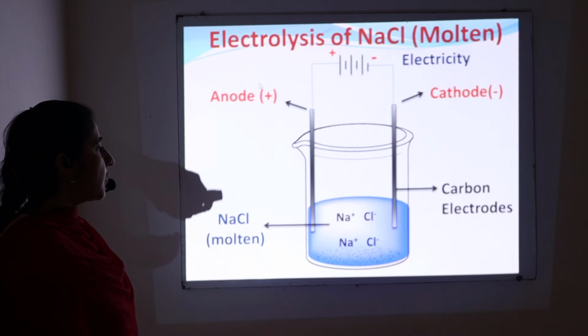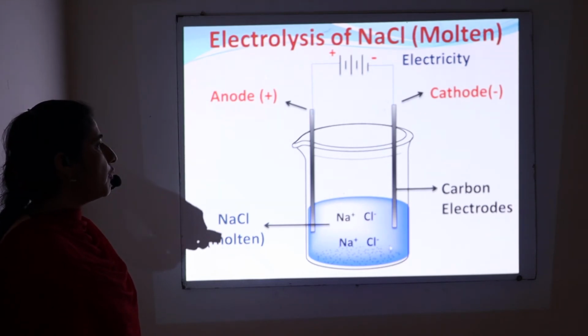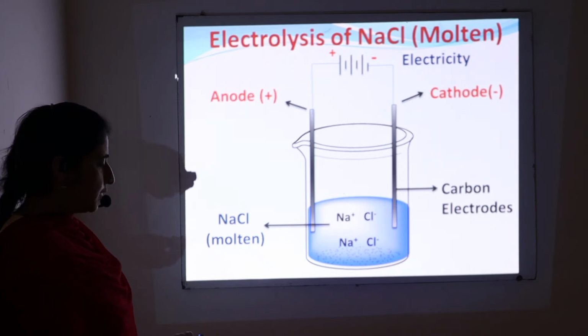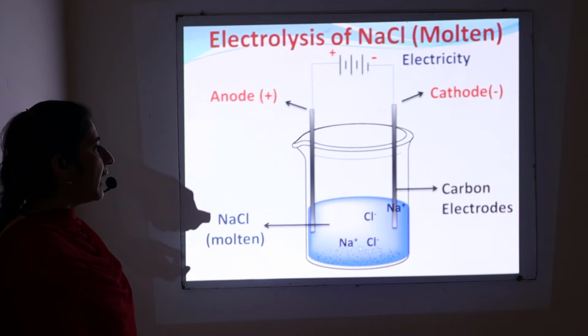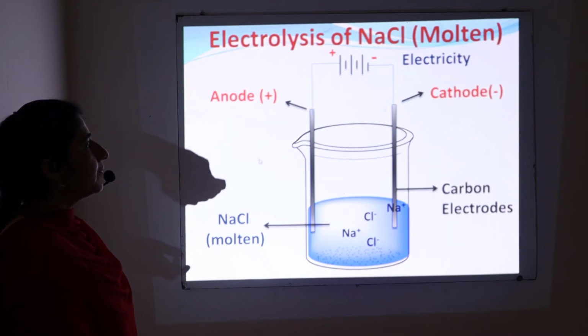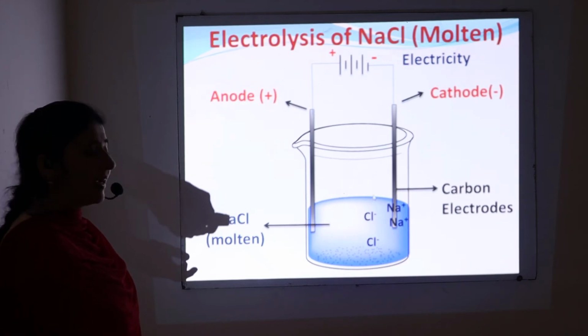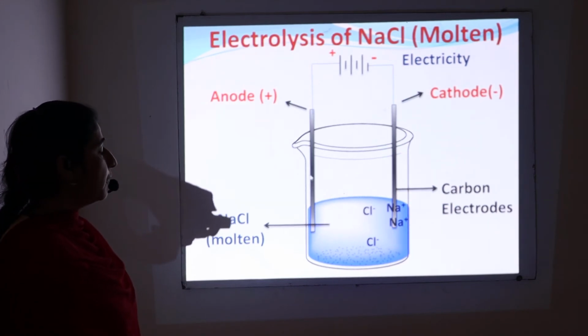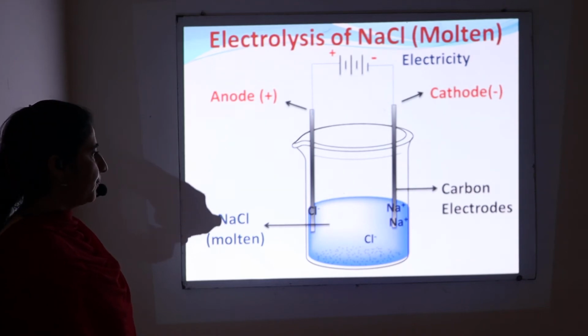It means positive ions move toward the negative electrode and negative ions move toward the positive electrode. So in this case, sodium ions move toward the cathode, or negative electrode, whereas chloride ions move toward the anode, the positive electrode.